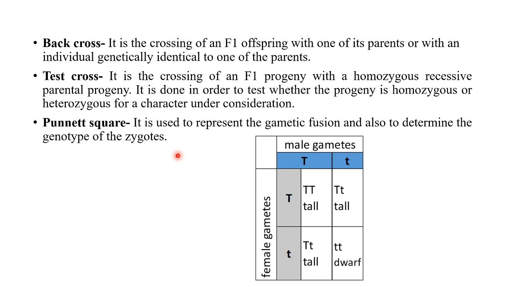In it, the gametes of one parent are written along the top of a series of squares, and those of the other parent are written down on the left side, and the products of various gametic combinations are written in the appropriate boxes for estimating their relative number. So these are gametes of the parents, and these are the progenies obtained from the gametic fusion, represented through the Punnett square devised by R.C. Punnett.